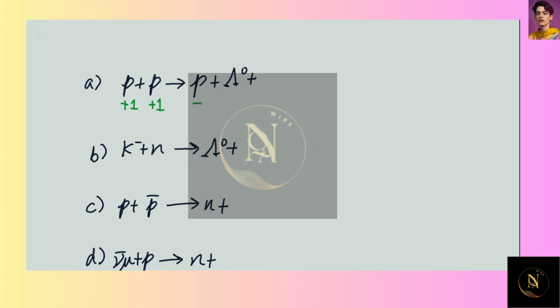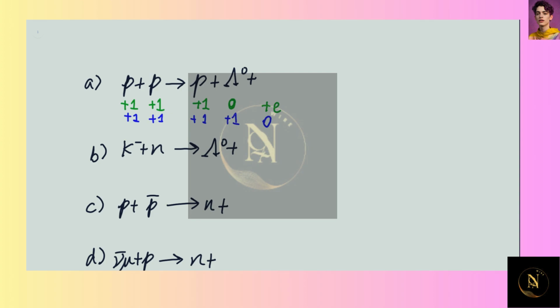After the reaction, the charge is +1. We do not have any charge over here, so the final charge must be +1. And then, let's look at the baryon number. The baryon number for all of these is +1. So the baryon number is 0.